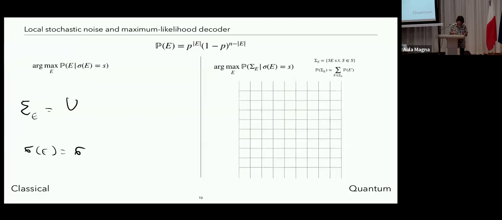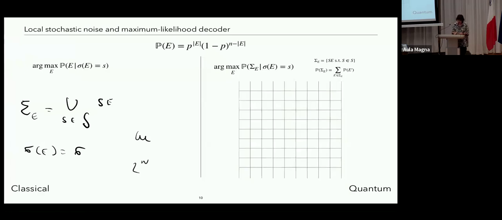Then all the errors that are in this class are related by the stabilizer group. So all the operators that act as the identity on your system are going to give you the same syndrome. And as you can see, if your stabilizer group has m generators, this set here is exponentially big. It's like 2 to the n.